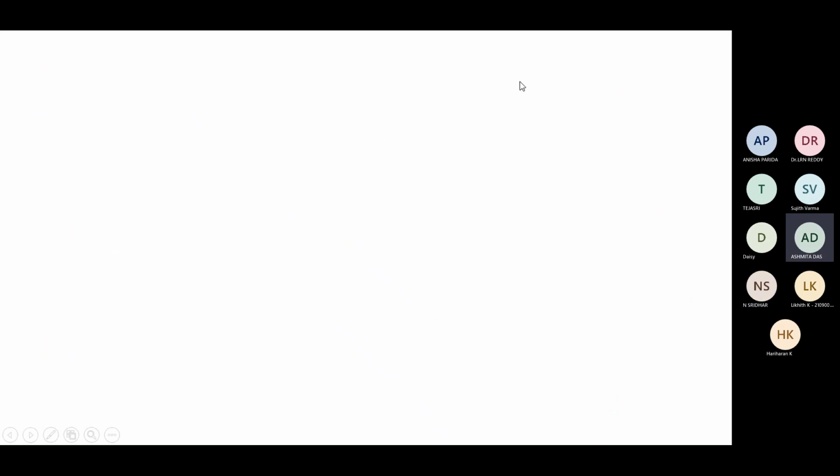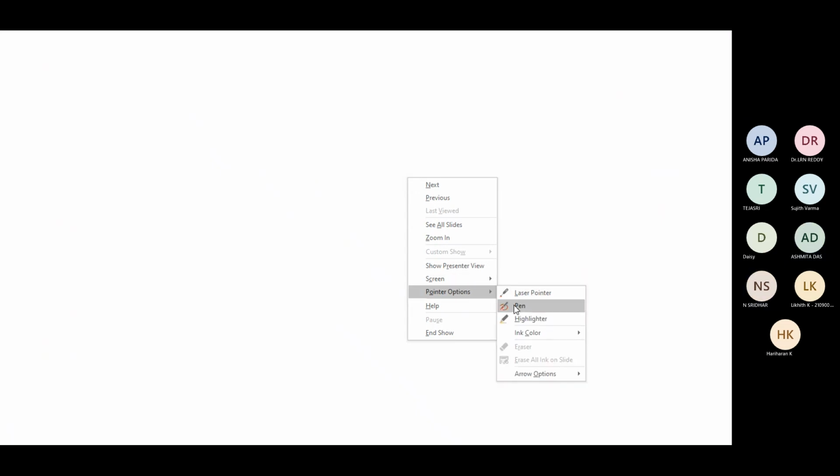Not this one. I'm giving a question like there is a 3 axis. This is x-axis. This is y-axis. This is z-axis.